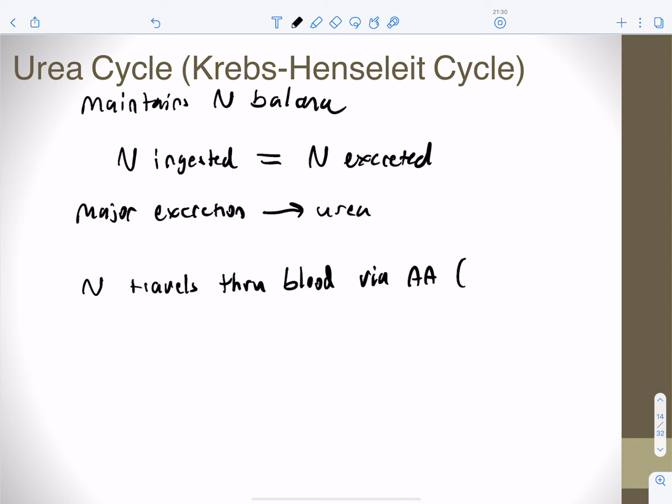And N-acetylglutamate is going to stimulate that first enzyme. You remember, it's an obligate activator of CPS1. So here's your NAG. Okay, so NAG is an obligate activator of CPS1, which is that first enzyme in the urea cycle.